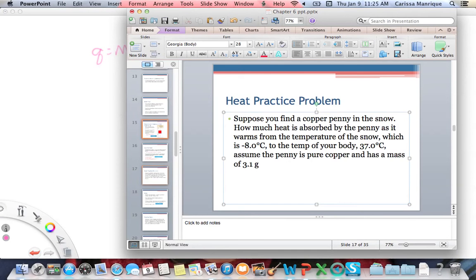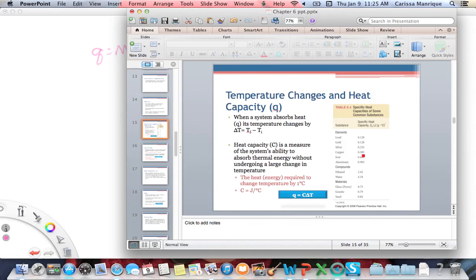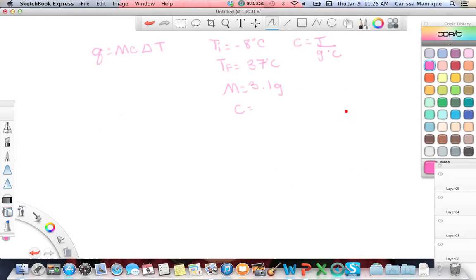Look at this chart, and it says copper is 0.385. So C for copper is 0.385 joules per gram degrees Celsius. Now we have everything. We have our M, we have our C, and we can calculate delta T.